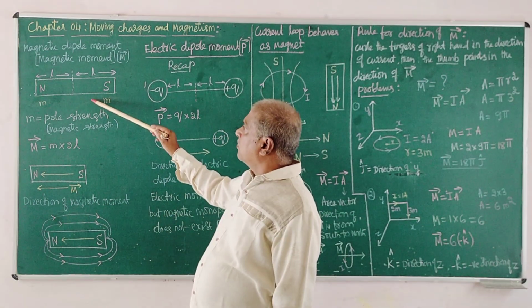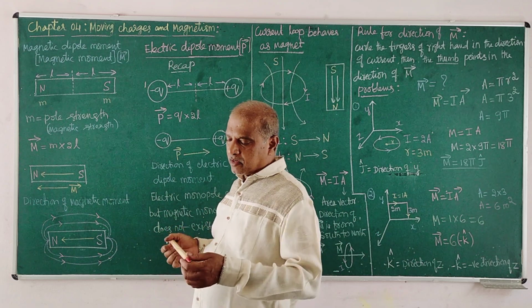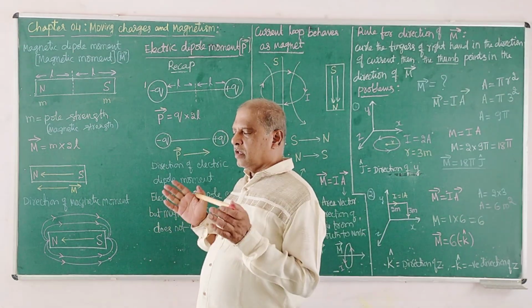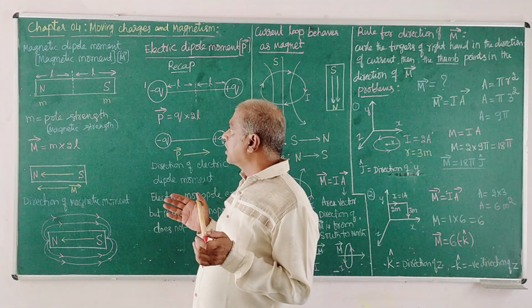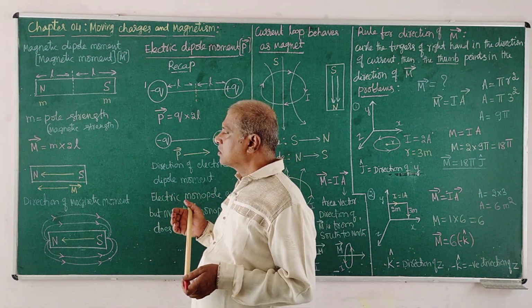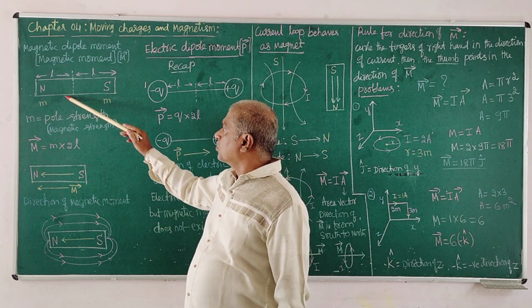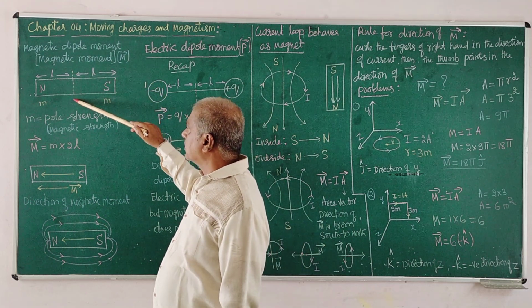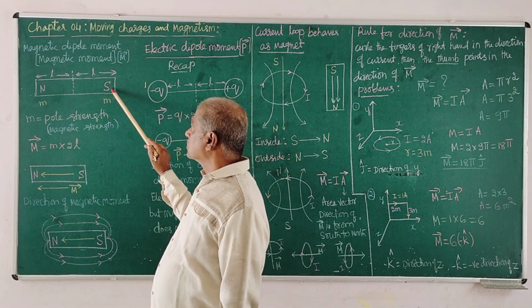The example for a magnetic dipole is a magnet, a bar magnet or any magnetic material. Any magnet always has two poles, a dipole: one is north pole and the other is south pole. It cannot have a single pole, either north pole or south pole, because if you break it at this point, again you get two pieces of north and south.